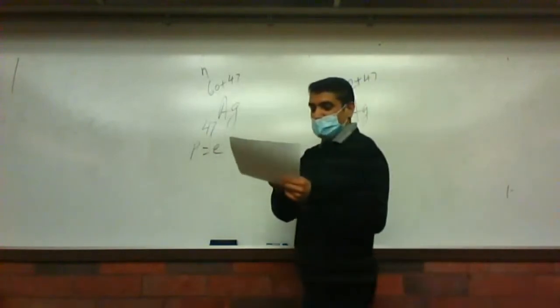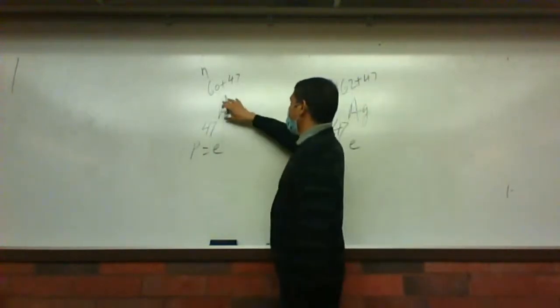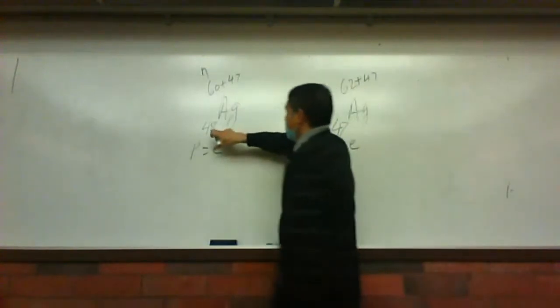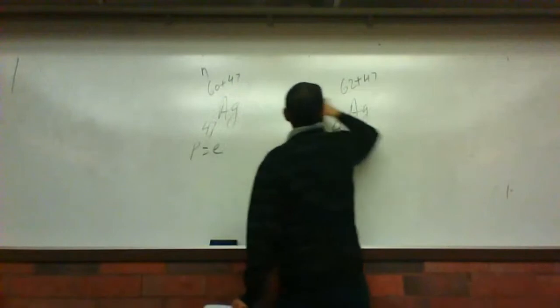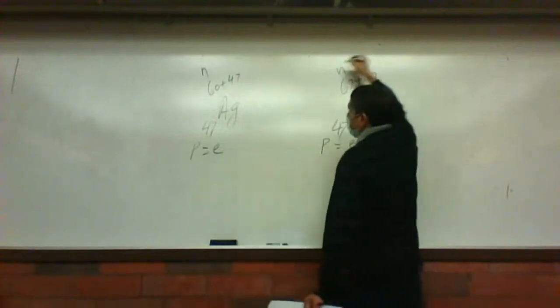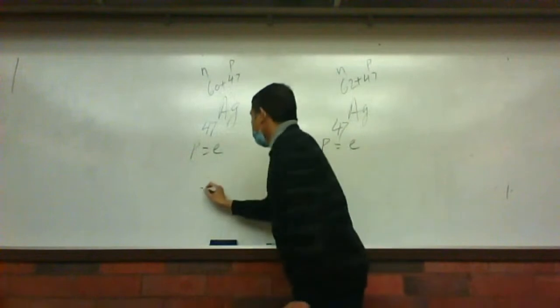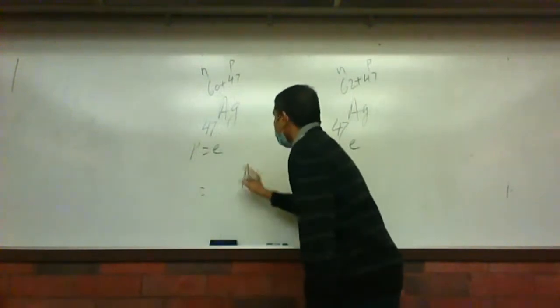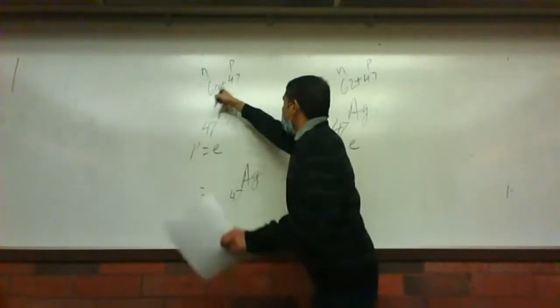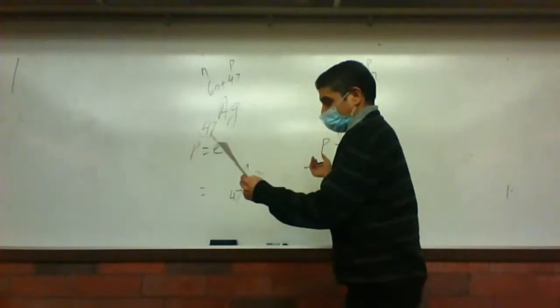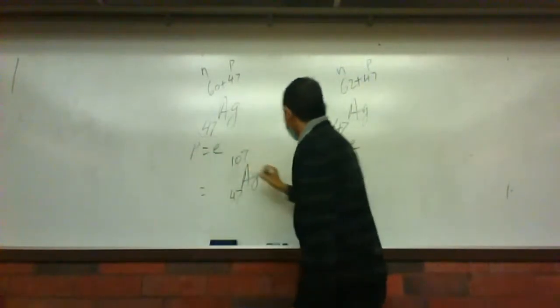But the problem is saying one kind of silver has 60 neutrons, another kind of silver has 62 neutrons. Now I'm going to add the protons here. So this is neutron, this is proton, this is neutron, this is proton. From here what I get is silver, 47.